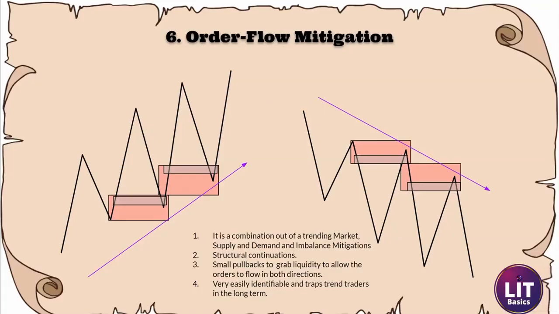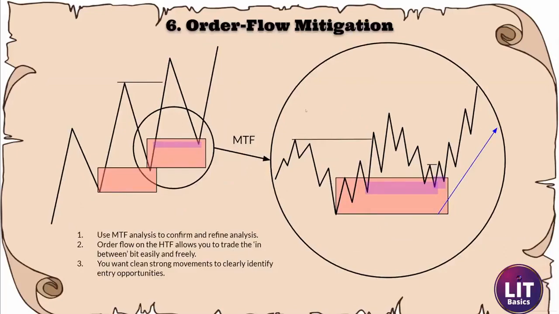Of course, after these pushes or these traps are done, you can add into positions, or maybe you missed an entry. It will give you another opportunity with this order flow. So here's what it looks like. This is like the medium time frame, and this is our lower time frame. You can use medium time frame analysis to confirm and refine analysis.